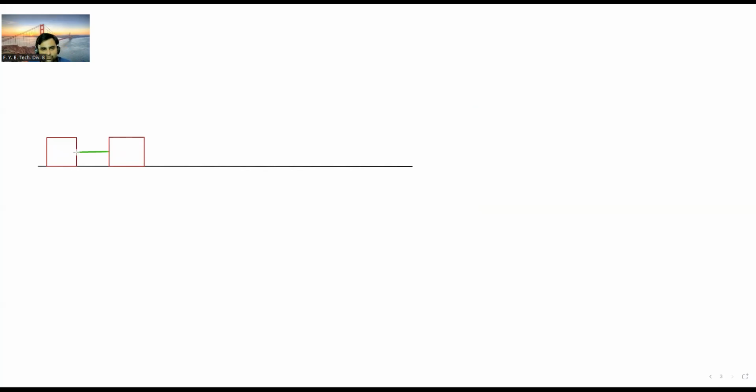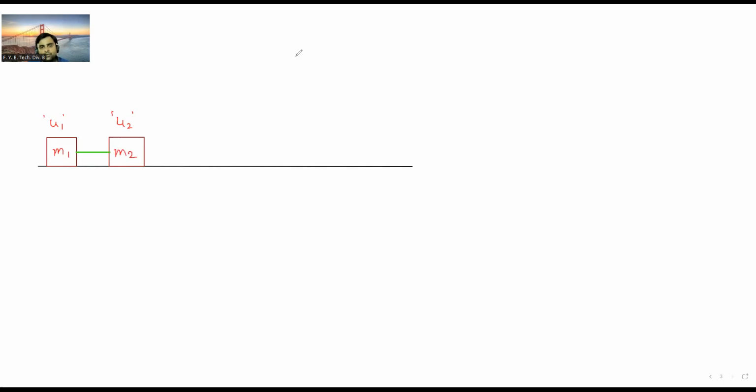Okay, so this is the rope. Let us say the initial velocity of the first block is u1, the initial velocity of the second block is u2, the mass of this block is m1, and the mass of this block is m2.